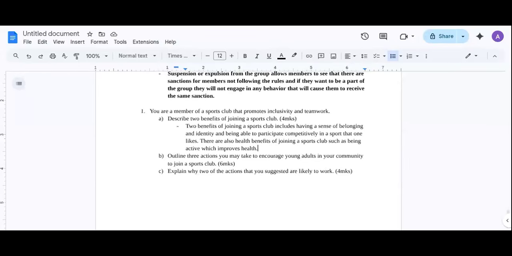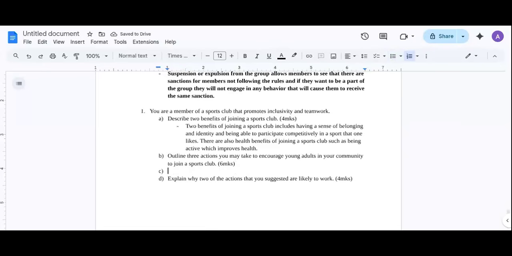Let us say, for instance, you're trying to promote cricket. You might know Brian Lara, and Brian Lara will come and have a workshop about cricket. Everybody knows Brian Lara around the world. Brian Lara is famous. So if he could come and have a workshop and teach us the game and tell us about the benefits and all of that, well, yeah, that might encourage them to join.